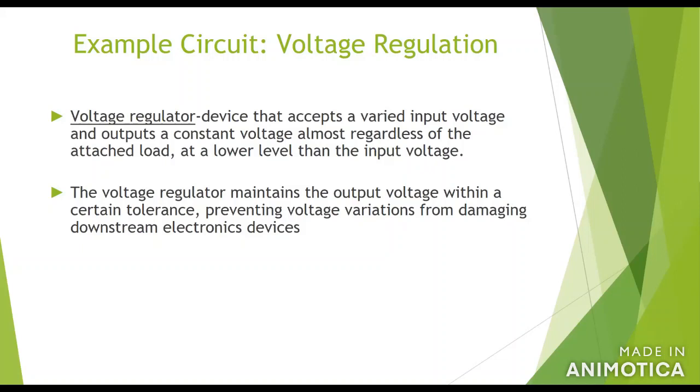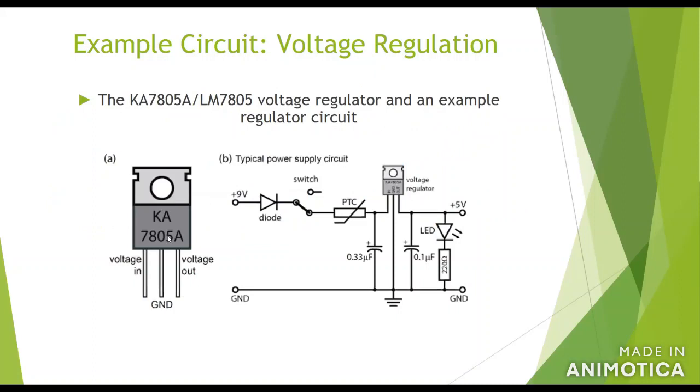So how can we make sure that the output is 5 volts for different kinds of inputs? The inputs may be 10 volts, 12 volts, 7 volts, 8 volts, but the output must be 5 volts. We have to use a voltage regulator. A voltage regulator is like this. It's a 7805. So I can show you what a voltage regulator looks like.